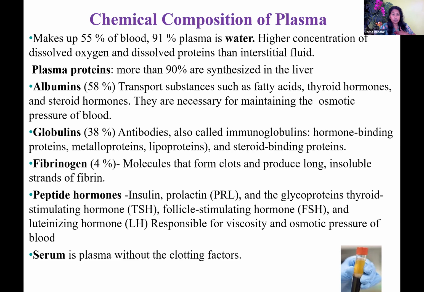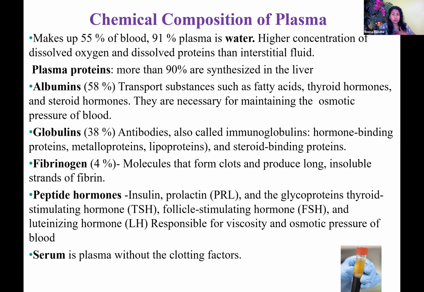The most important protein is albumin. I'm thinking of eggs, which are so rich in albumin. And our blood is also so rich in albumin. The most important thing about albumin is it plays a vital role in maintaining the osmotic pressure of blood.